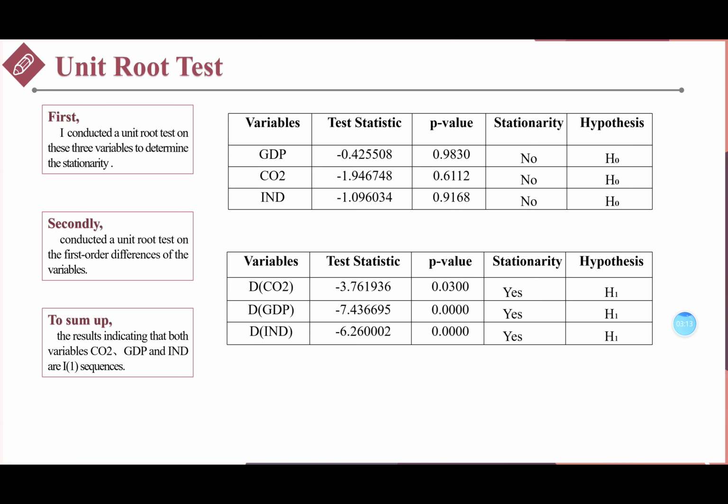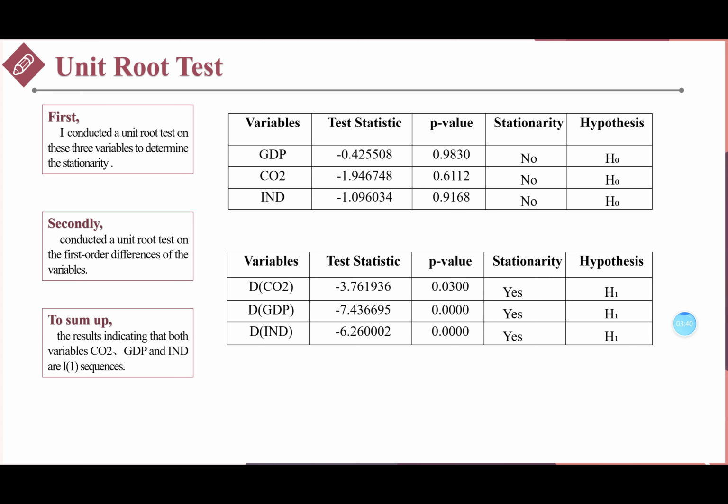First, I conducted a unit root test on these three variables to determine the stationarity. From the test results in the table, we can see that the t-values of the three variables are all greater than the critical values of the three levels, and the p-values are all greater than 0.05.